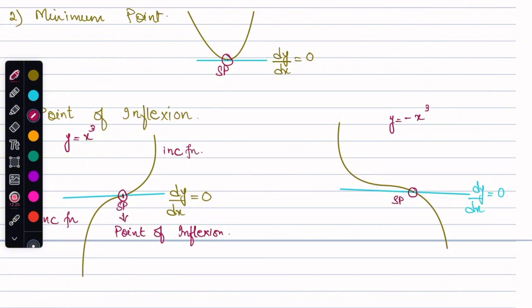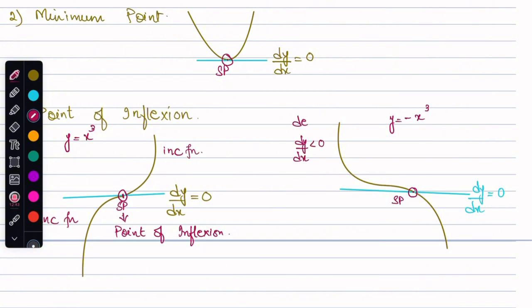And what I can observe here is that the function is a decreasing function. It's going down. And after the stationary point also, it is a decreasing function. So here I can see that the gradient dy by dx on both sides of the stationary point is less than zero.